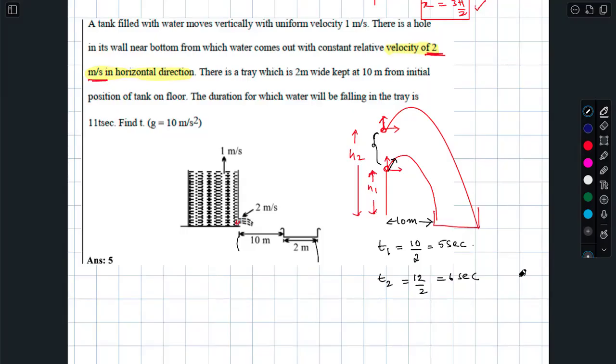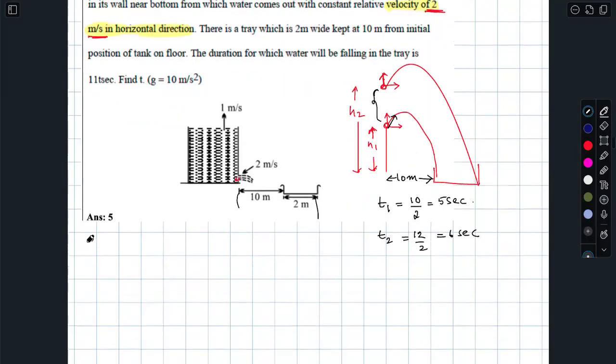For this purpose, you need to have some idea about S is equal to ut plus half at square. You take t minus half g t square.